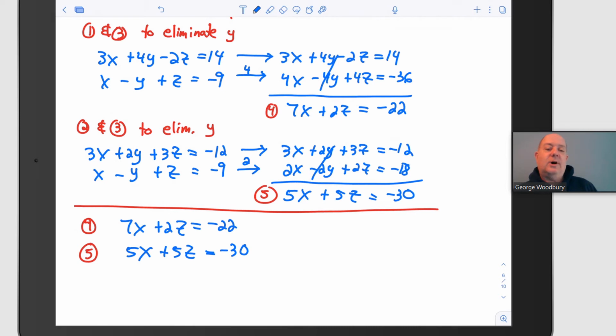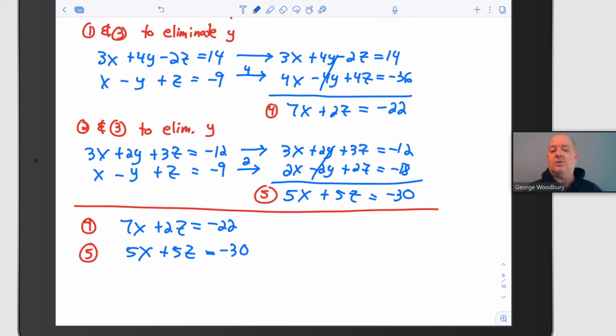We don't have one coefficient that divides into another for either variable. We don't have one coefficient that's positive and one that's negative for either variable. We can go after either of these. I'm going to get rid of z by multiplying the top equation by 5 to get 10z, and the bottom by -2 to get -10z.